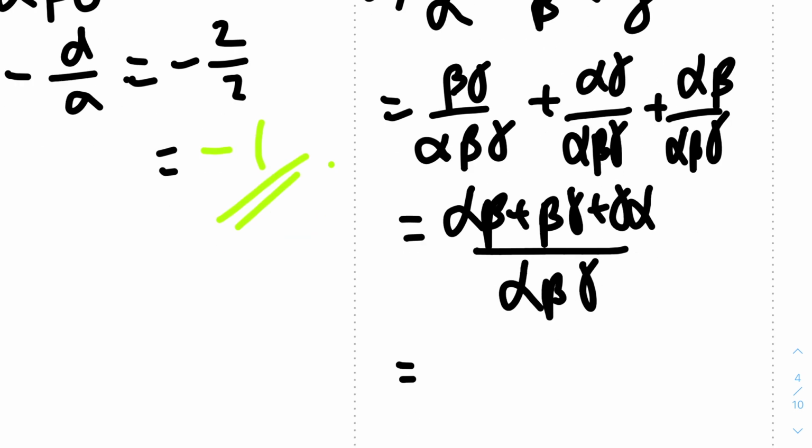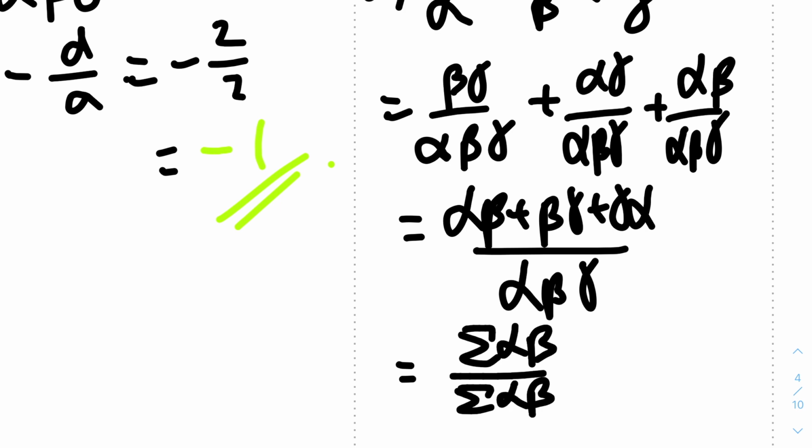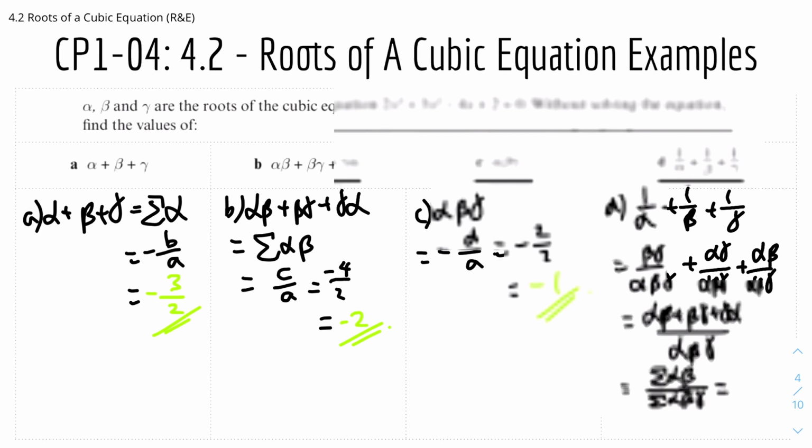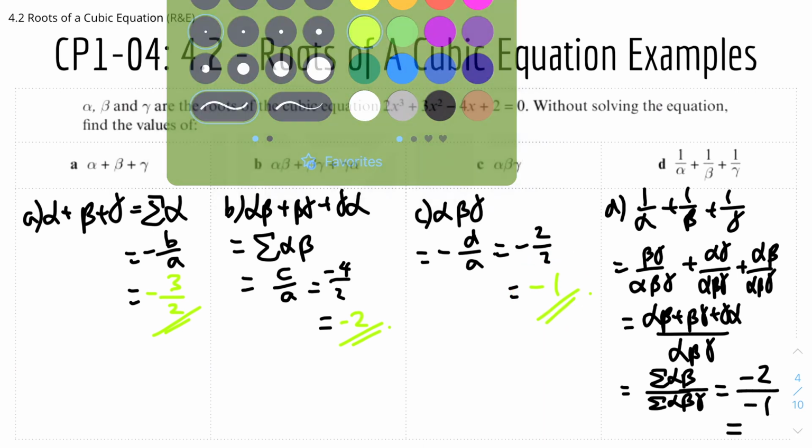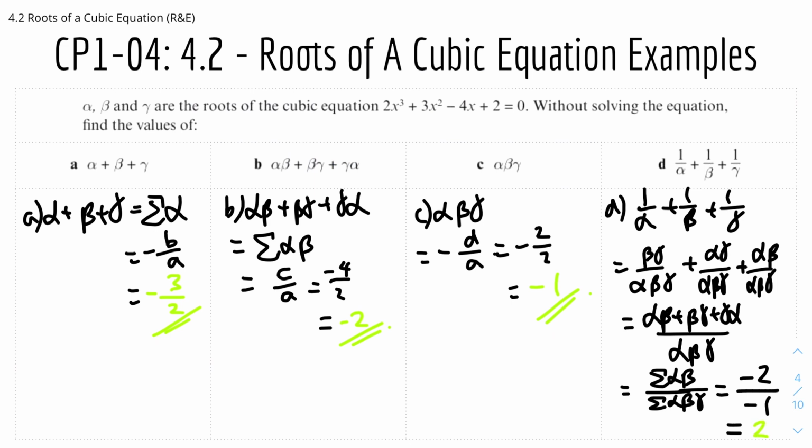We can notice that it's basically the sum of product pairs over the product of the triple, alpha beta gamma. We know that the sum of product pairs is equal to minus 2 from just now, and the product of the triple is equal to minus 1, and therefore this equals minus 2 over minus 1, which is 2, and that's the answer.